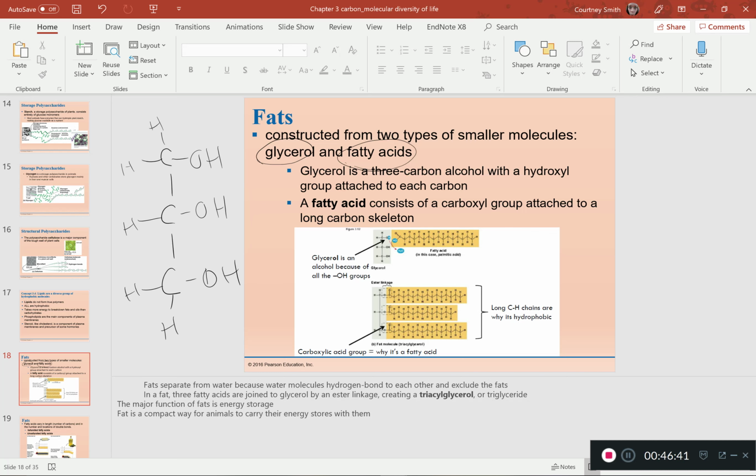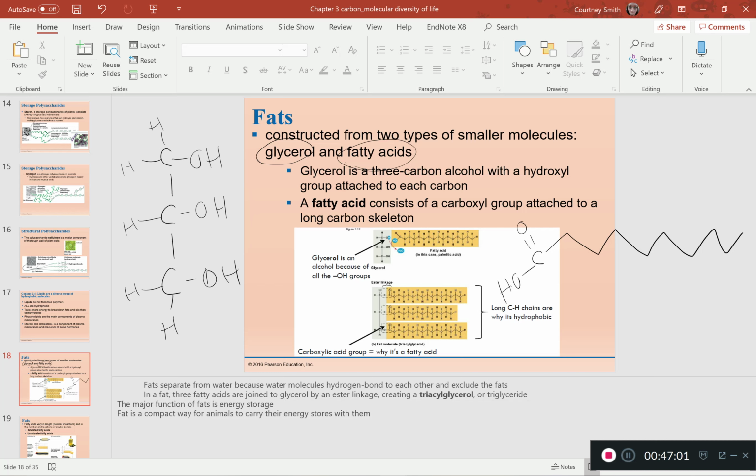Okay, and then what will happen is that we will have a fatty acid chain, so we'll literally just have a long chain of carbons. And then on one of the ends over here, you have a carboxylic acid on a fatty acid chain. So you have this carboxylic acid right here.